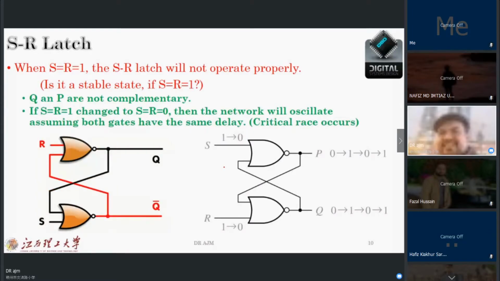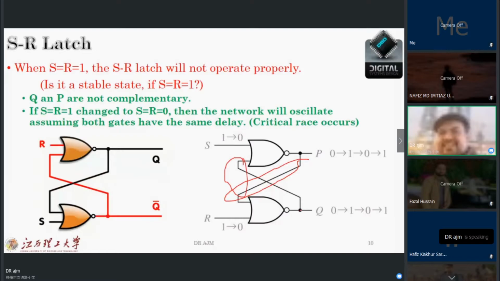Let us suppose S is 1 and R is also 1, as you will see here. Then we should assume some previous situation for these two conditions, which mainly comes from the feedback of the output gate of the first part and the second part.